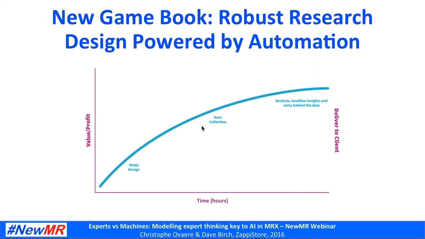We certainly at Zappi aim to automate the entire data gathering process, and as I said at the beginning, part of the headline insights, the understanding behind what the data means, to create space for those next steps. And typically this is done in hours as opposed to weeks.